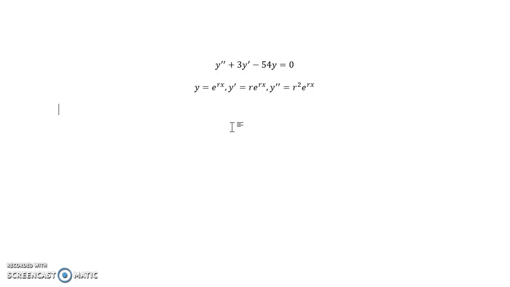If we make our substitution into the original equation, r squared e to the rx plus 3 times r e to the rx minus 54 e to the rx. What we end up with is an equation where there's an e to the rx in front of every term.